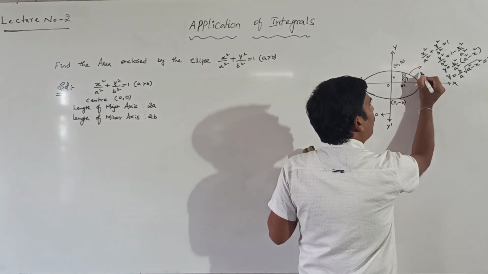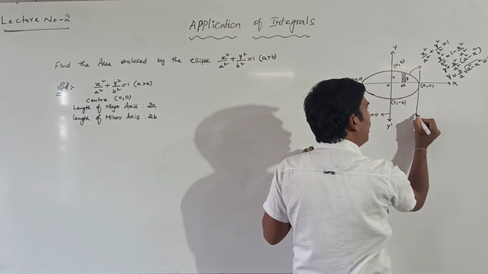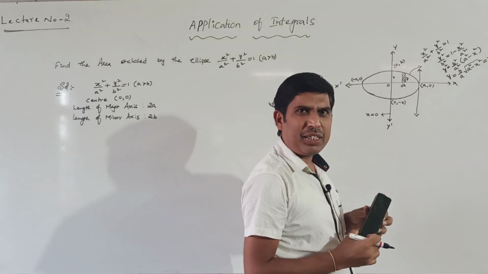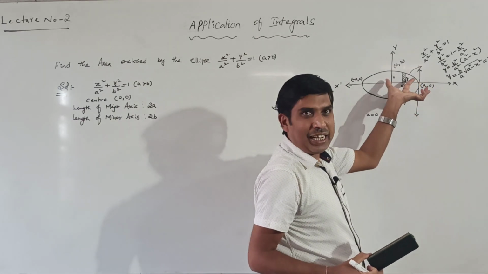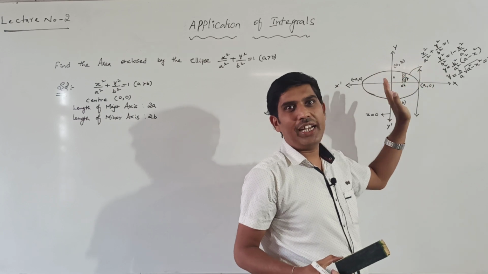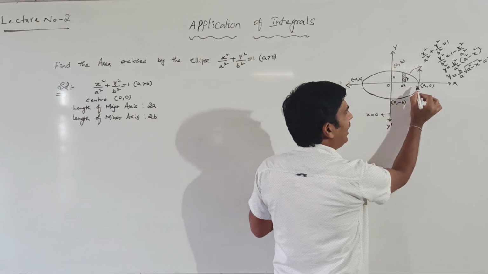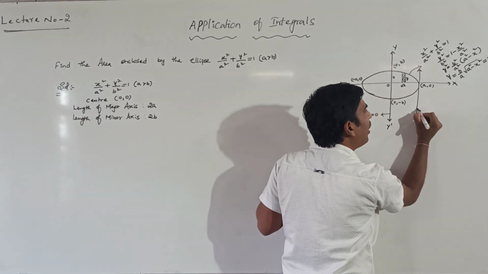Next, what is this one? Here I draw one vertical line at this point. Why do I have to draw the vertical line here? Nothing but we can easily know that in between the particular limits the area is bounded. That's why I drew the vertical line here. This vertical line is at a distance of, what is that? a units. Therefore what do we have to write here?